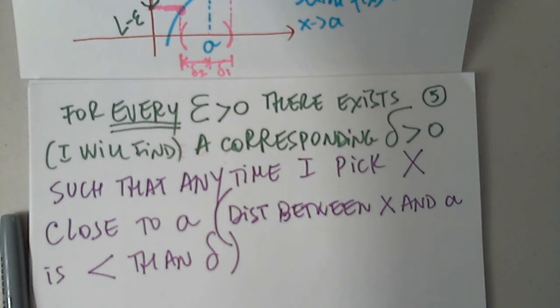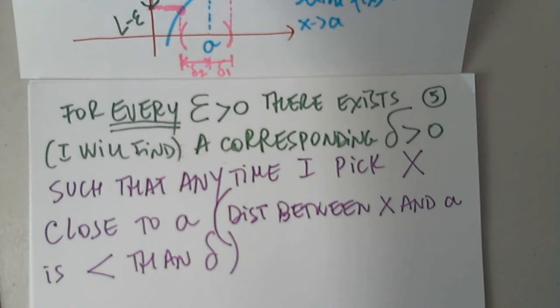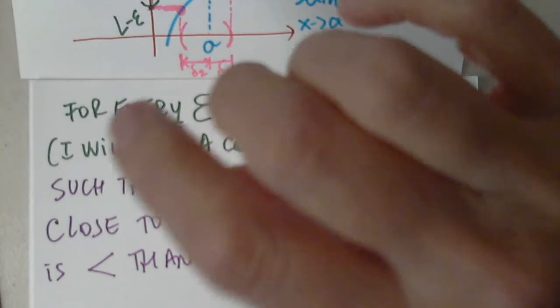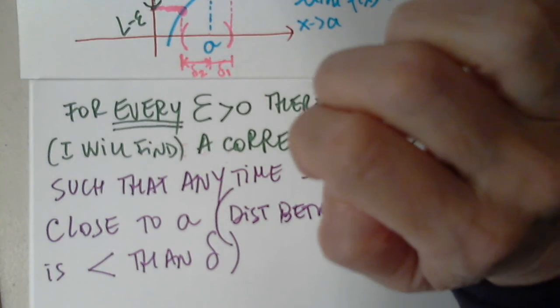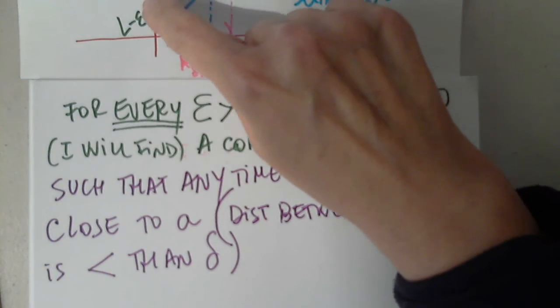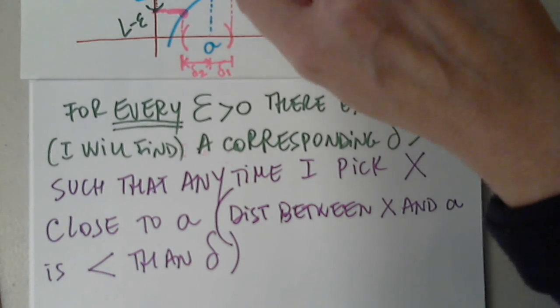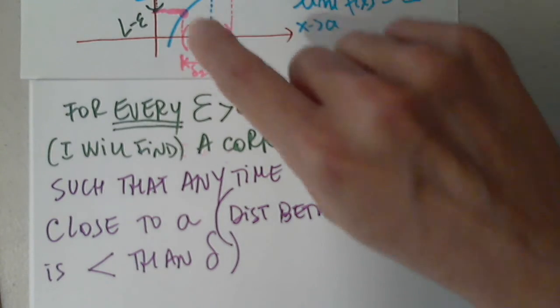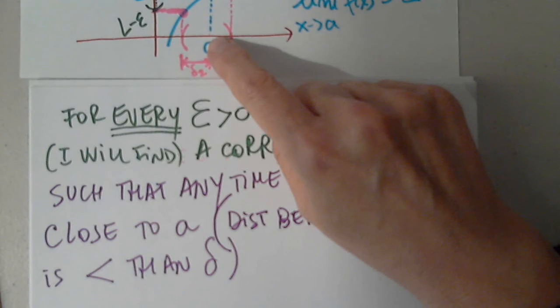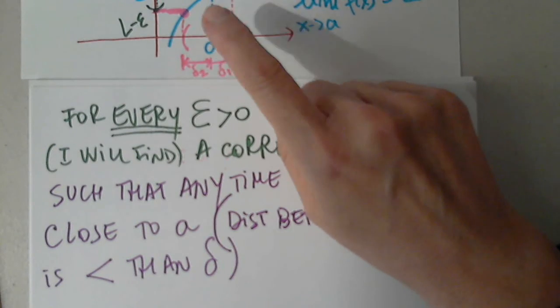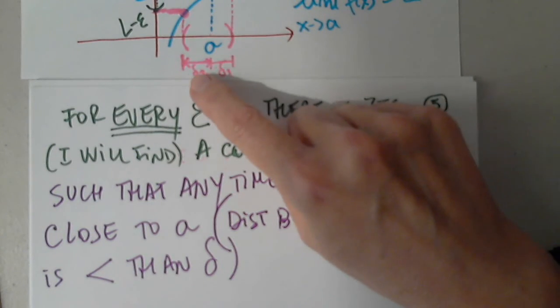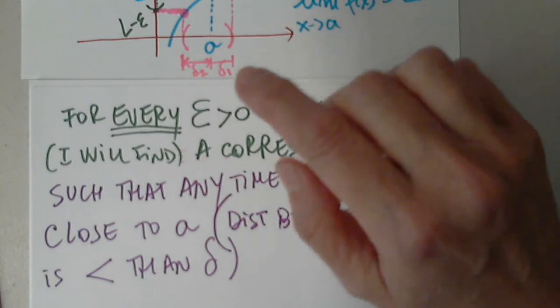One more time. We have to repeat this several times till it's clear and we can explain what happens again. So for every epsilon near L, of course, I will be able to find a corresponding delta near A. Which one you will tell me in a minute.